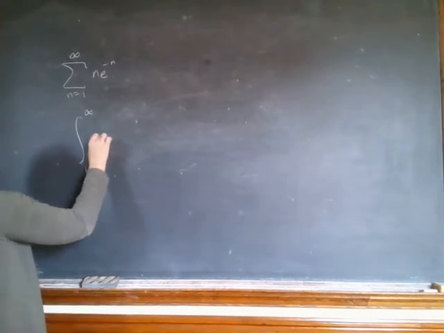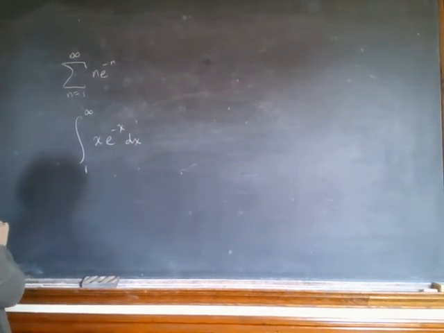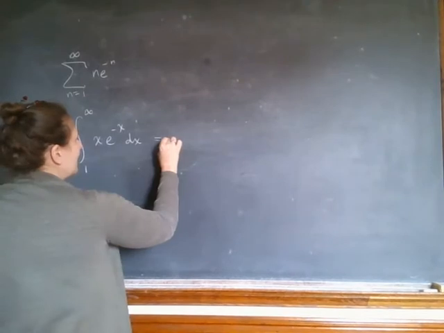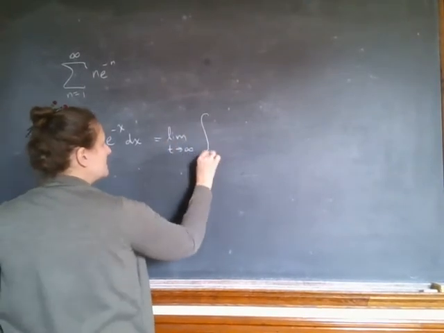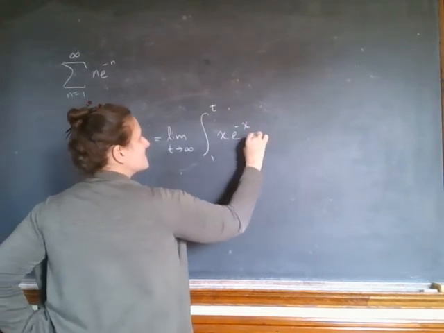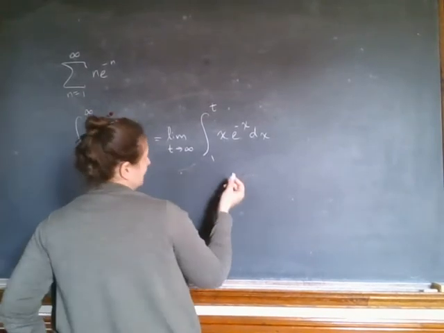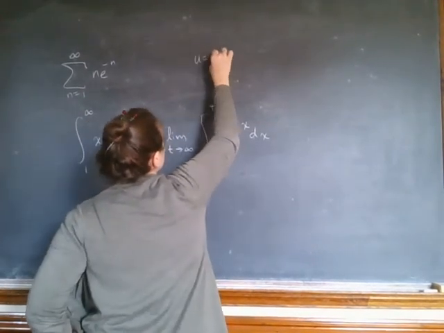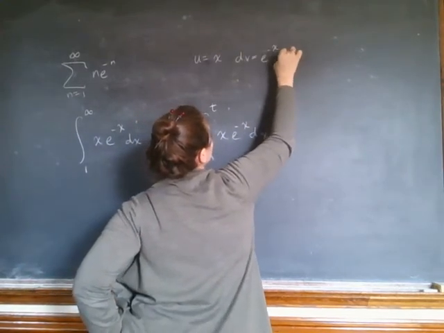The integral of x e to the minus x dx, right? So I have the limit as t goes to infinity, from 1 to t. And this is integration by parts. It's an easy integration by parts, right? Because u equals x and dv equals e to the minus x dx.